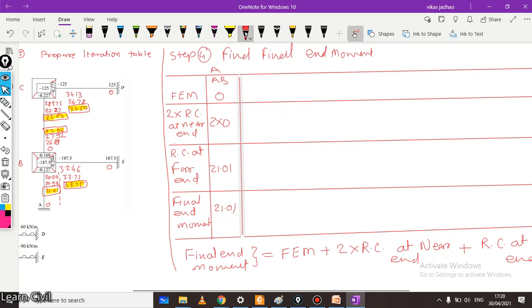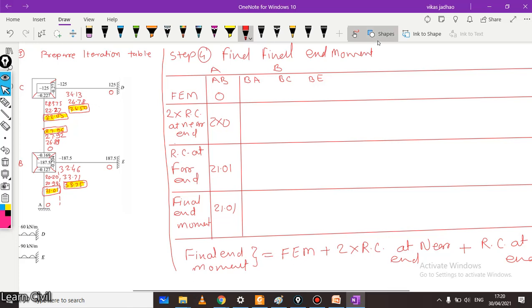Next joint is our joint B. At this joint B we have member BA, member BC, and member BE.